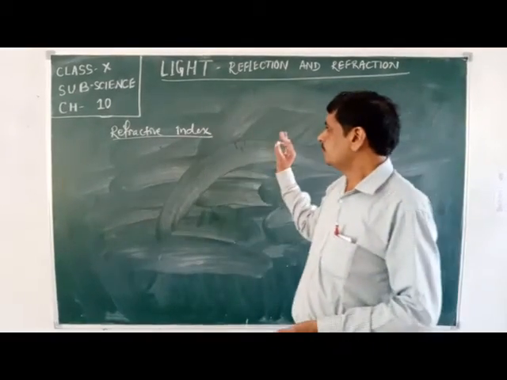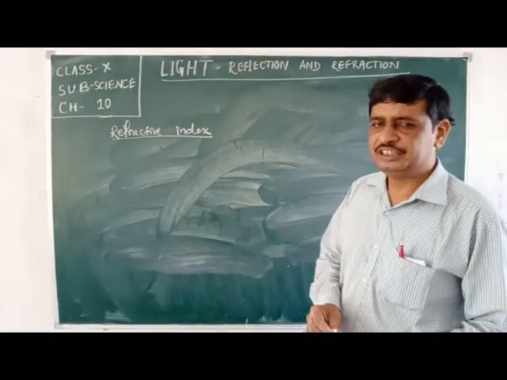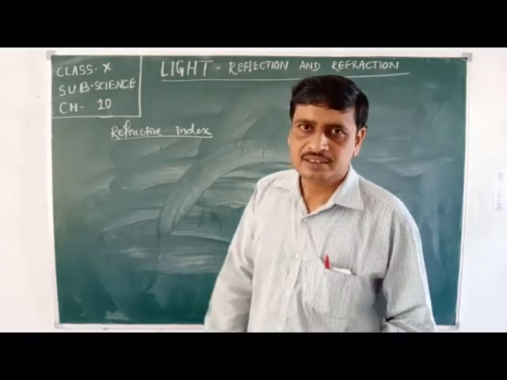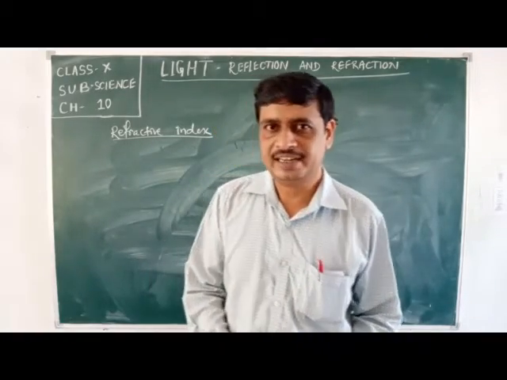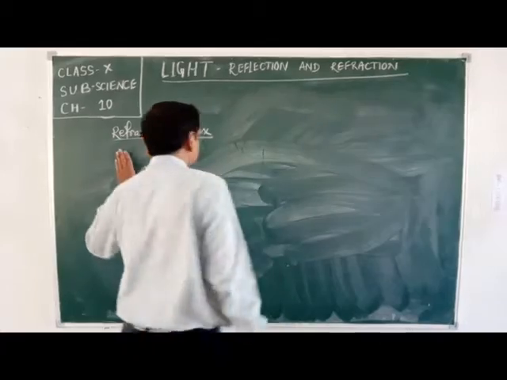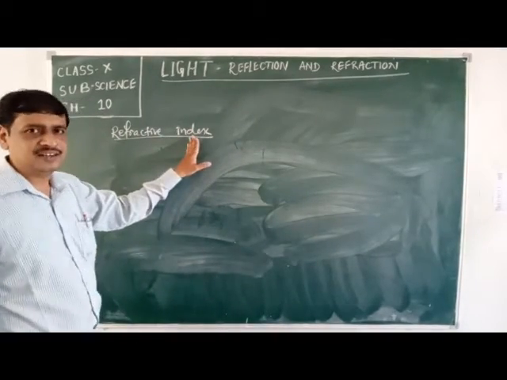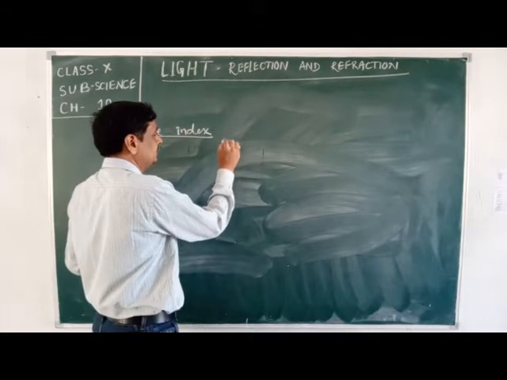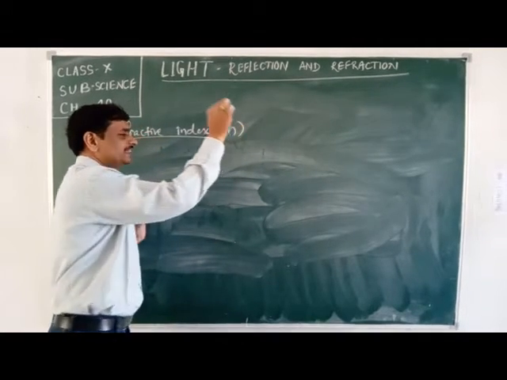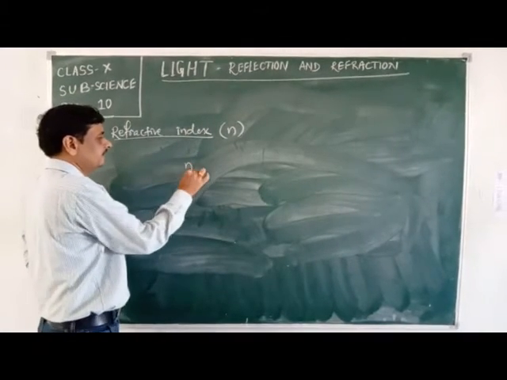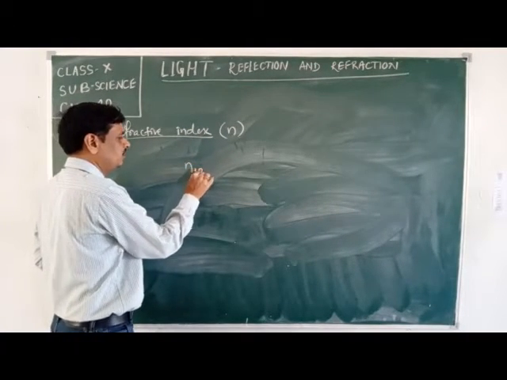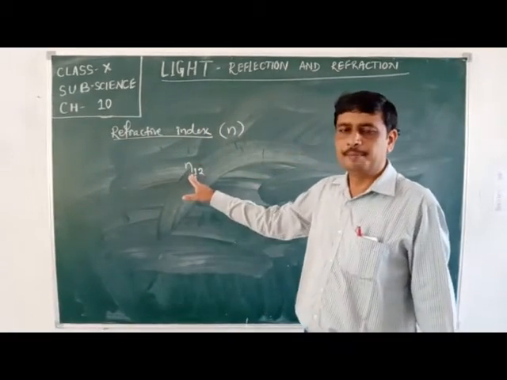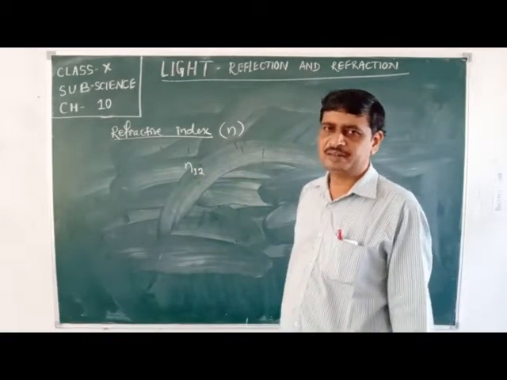So when a ray of light falls on any object, how much it will bend and come out is denoted by the refractive index. The refractive index is denoted by the letter N. N1,2 means the refractive index of medium 1 with respect to medium 2.